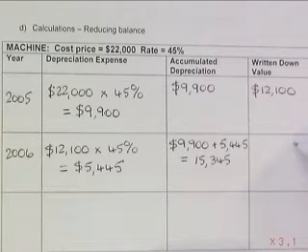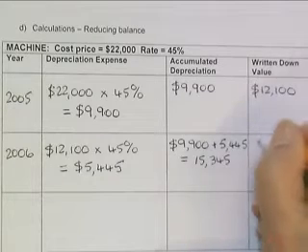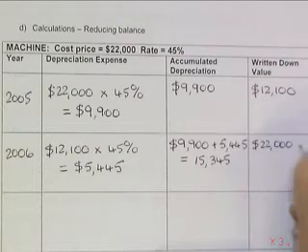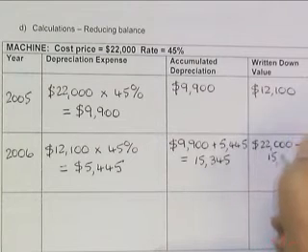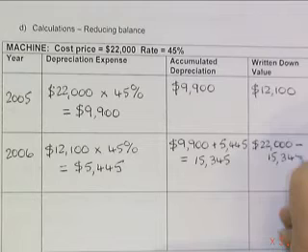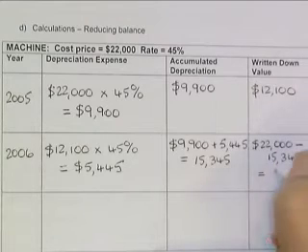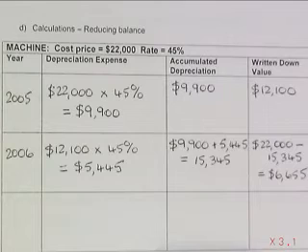The written down value is now going to be the original cost price of $22,000 less accumulated depreciation so far, which we now know is $15,345, and that is equal to $6,655. So that's it for year 2.